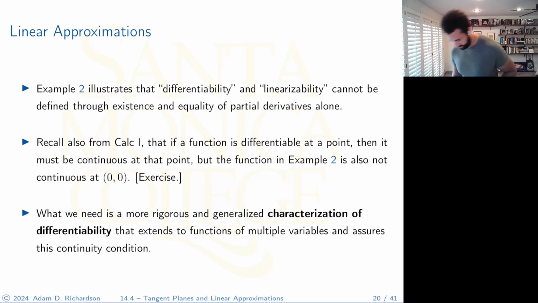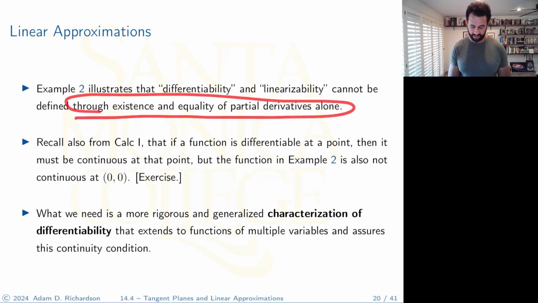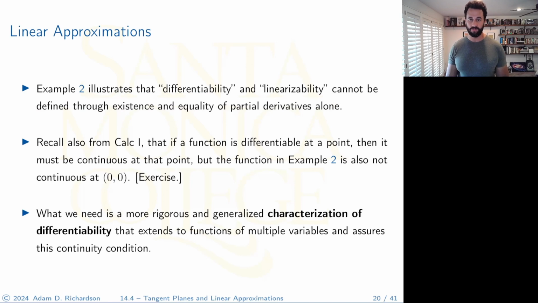Okay, so, there you go. Example 2 illustrates that the notion of differentiability and linearizability cannot be defined through the existence and equality of partial derivatives alone. You need more. Also, if you recall from Calc 1, if a function is differentiable at a point, then it has to be continuous at that point, right?